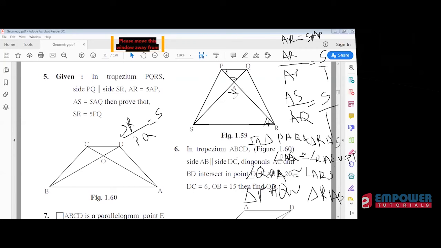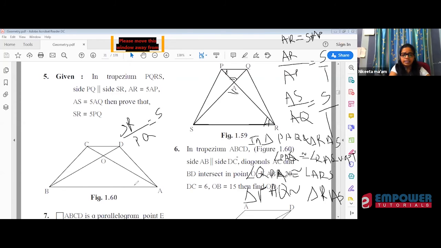So if these two triangles are similar, I can say that the side opposite to A, SR upon PQ, should be equal to AS upon AQ, which must be equal to AR upon AP.